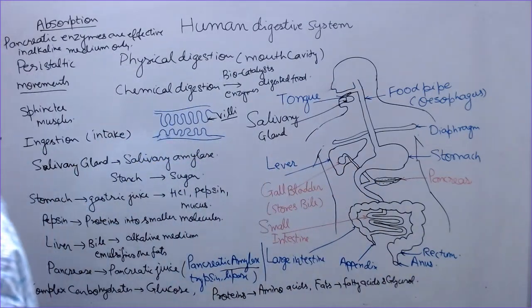So this is the function of the villi, and this all occurs in the small intestine. The digested food is absorbed through the walls of the small intestine, goes into our blood, and blood circulates it.